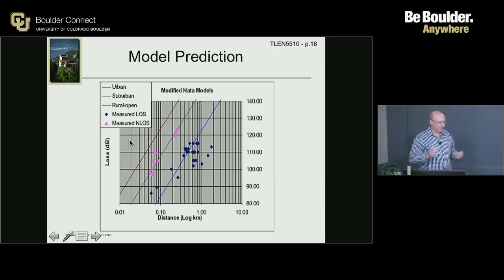I measured that at 5 gigahertz and I compared it. Remember that the Hata model should not be applied at 5 gigahertz, which is why you have to be careful. This was measured in suburban areas, and I just had to be very careful because if you average all those points, it does not seem to fit the suburban model of Hata very well, right?